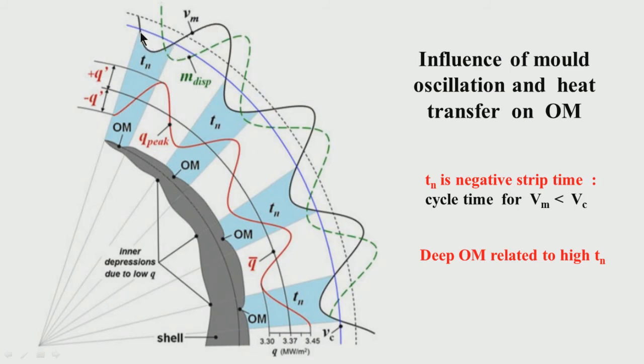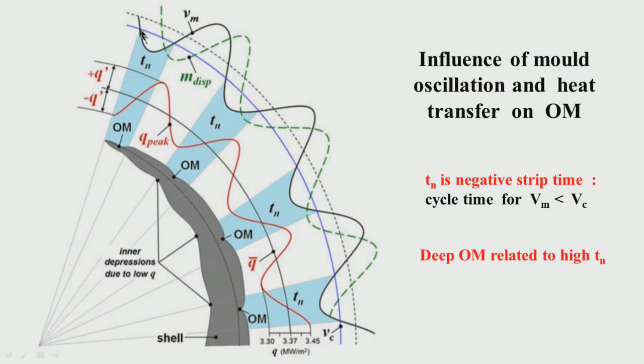So, please try to understand that at a certain portion of this sinusoidal cycle, what is happening? Here this blue line is the velocity of the strand, the casting speed, and this one is the sinusoidal velocity of the mold. In this portion, the velocity of the mold is less than the casting velocity. This is the whole cycle.